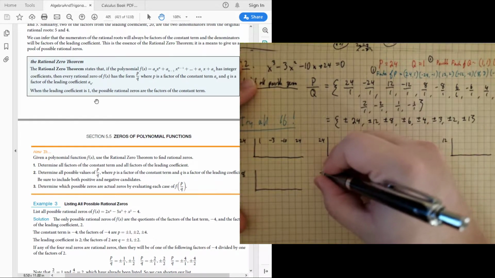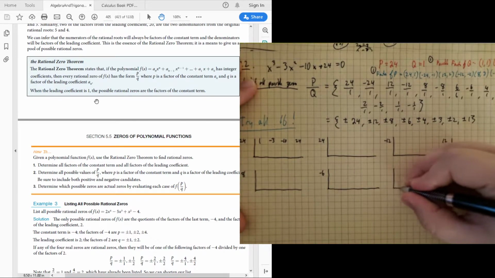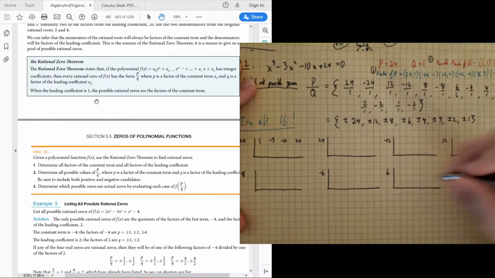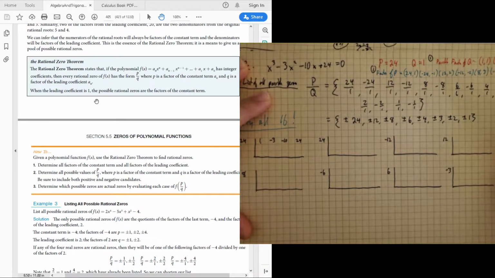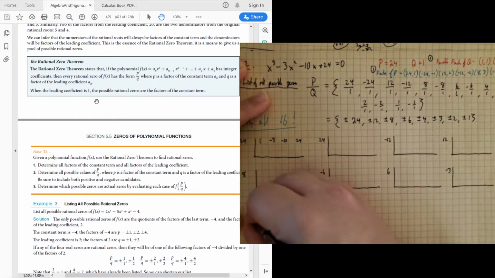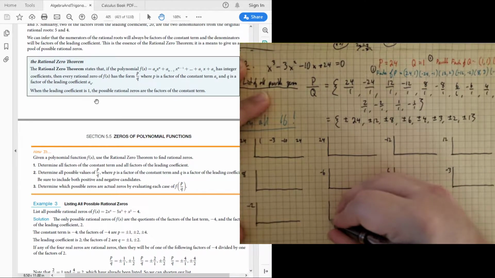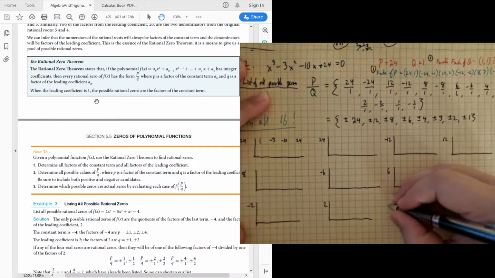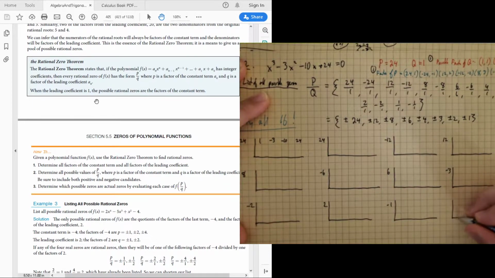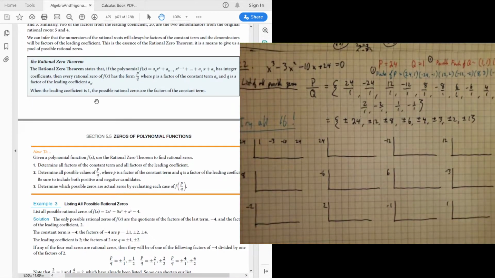And then I have to do it at -6, and then at +6, -3, +3, -2, +2, -1, +1. The book is advocating doing every single one of these.